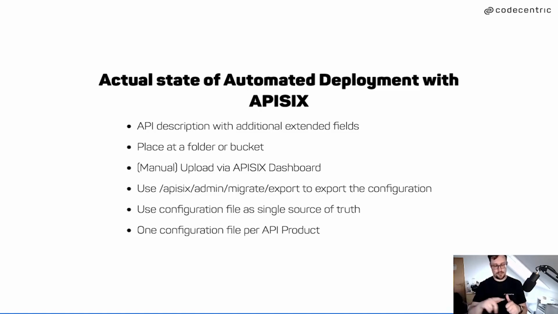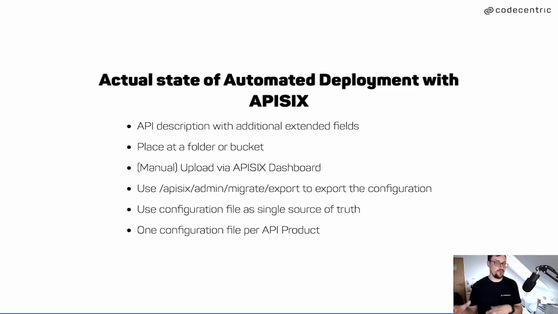So we talked about API first and all the stuff about API description so far, but what we actually missed and would bring us in a different direction is to think about products, API products. And with this possibility to export the configuration needed for an API product and to have it stored somewhere, we are able to create one configuration file per API product to make sure that we can drop it everywhere we would like to.